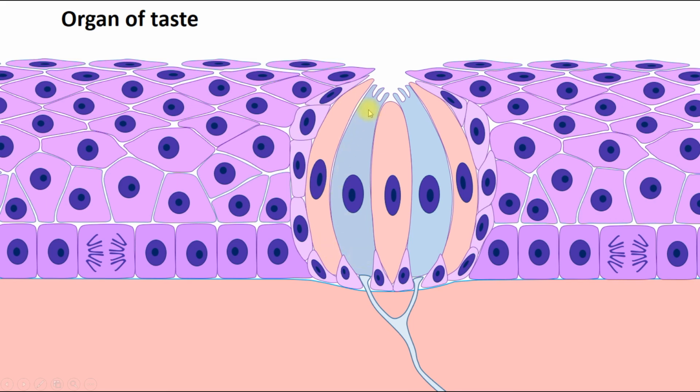The main cells in the taste buds are sensory cells or sensoepithelial cells which provide taste sensation. Also, there are supportive or maintaining cells. If you remember, olfactory epithelium also has supportive cells, and also we have basal cells which provide regeneration, as well as basal cells of olfactory epithelium.